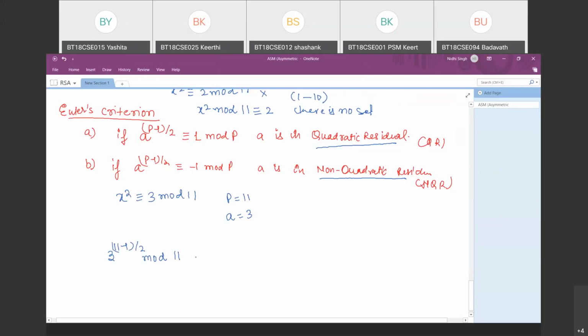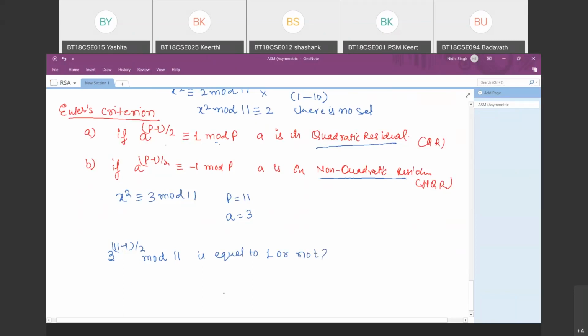We have to check whether the answer of this congruence is 1 mod p or not. So is 3 to the power (p minus 1) divided by 2 mod p equal to 1 or not?